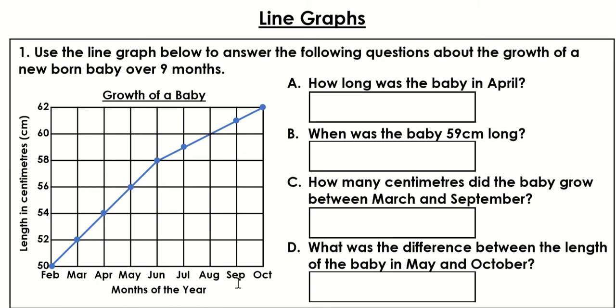In September, I'm going to jump all the way over here and go right up. Oh, right, it's not quite on a line. It's not quite on where the lines join, is it? So I'm going to go across again, in between 60 and 62. What number comes in between 60 and 62? 61. So I've got 52 and 61.